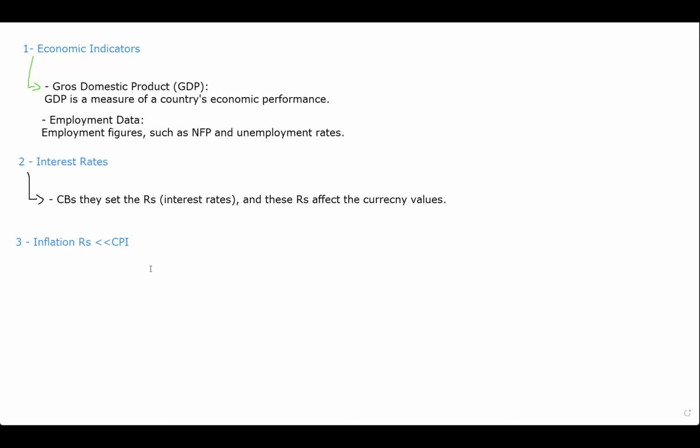Again, we've just talked about higher interest rates. Actually, let me add these here. This is not a rule of thumb, okay, but higher rates, strong currency.